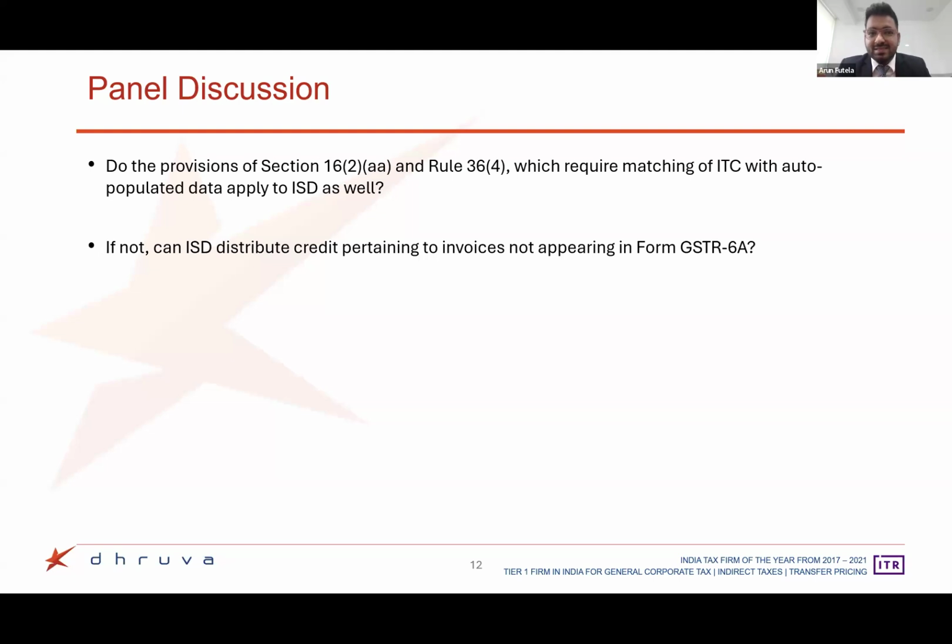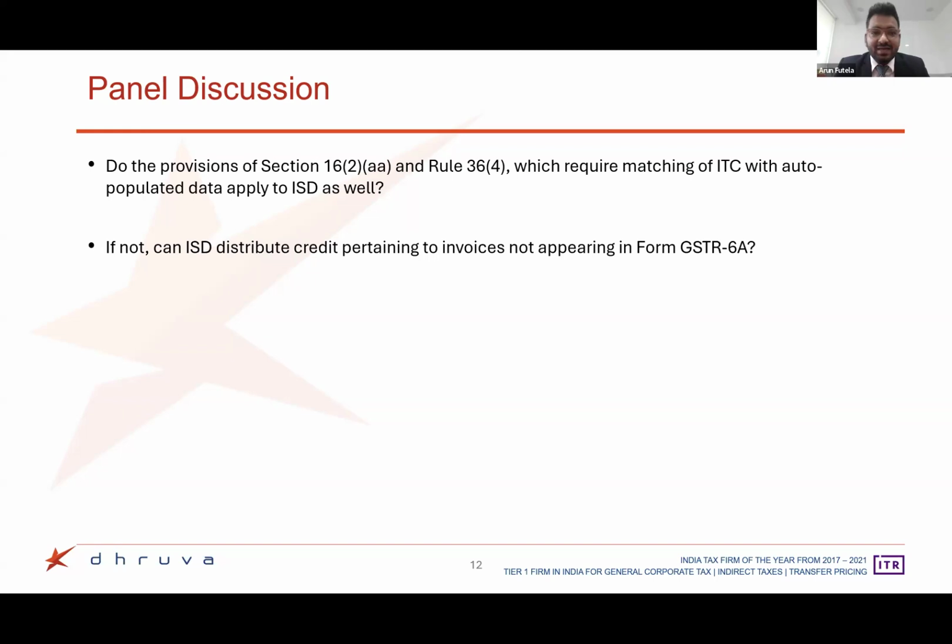Interestingly, this does not cover GSTR 6A. That means technically, under GST, there is no provision that restricts distribution of ITC by an ISD if it is not appearing in Form GSTR 6A. So to answer your question, even if an invoice is not appearing in Form GSTR 6A, legally an ISD can adopt a position to claim that credit in GSTR 6 and distribute it.